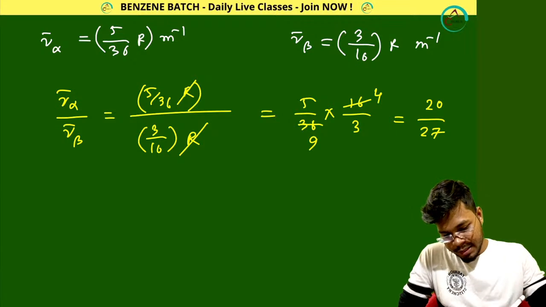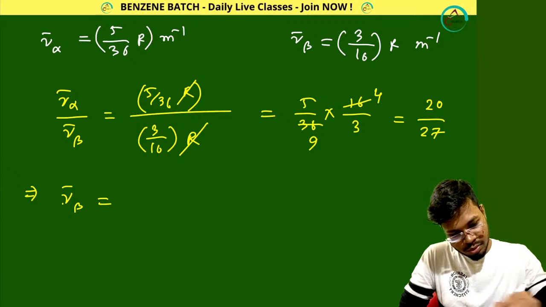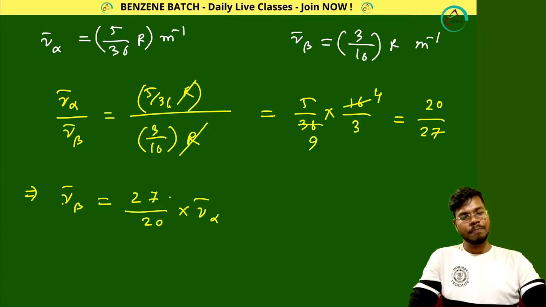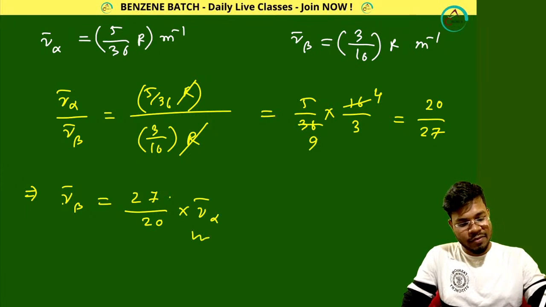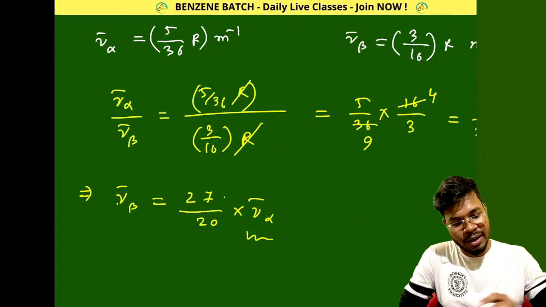Okay, so I can write nu bar beta. I need to calculate nu bar beta, right? Nu bar beta equals 27 by 20 into nu bar alpha. And remember guys, nu bar alpha is given. Which one? This one, 6563 times 10 to the minus 10 meter.